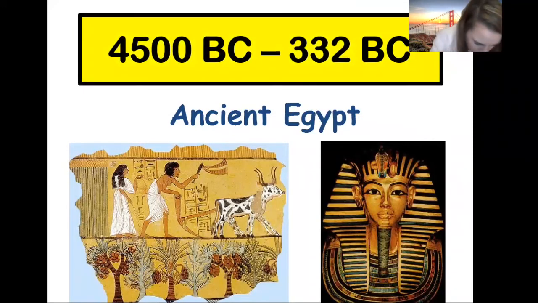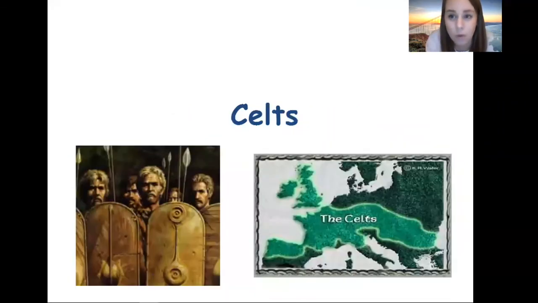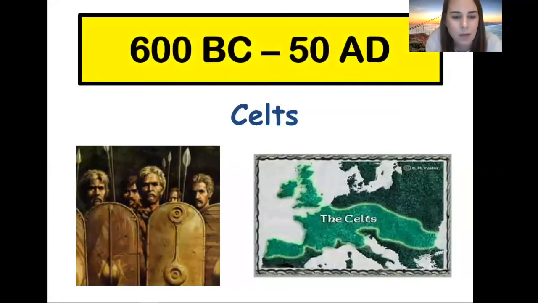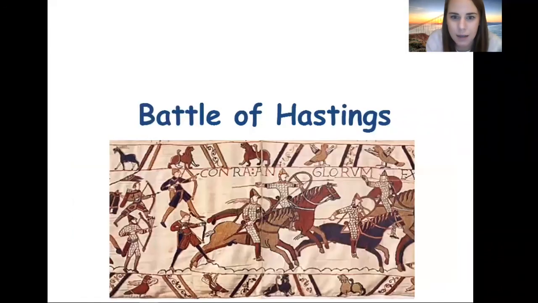Was that what I'd written down? No, it wasn't. To 332 BC. It's funny, isn't it, when we Google things? It just goes to show you that sometimes Google doesn't have the answers, or the first answer perhaps is not always the best answer. The Celts, we've had a look at those before as well when we did the Romans. 600 BC to 50 AD.